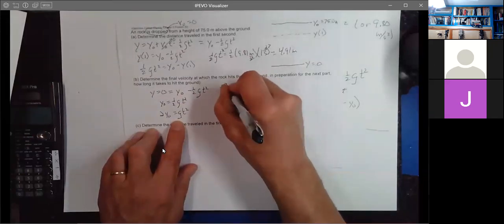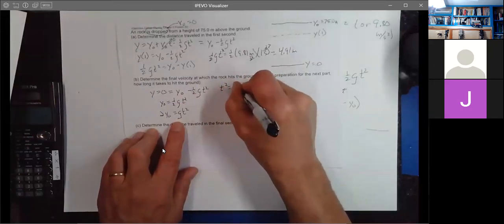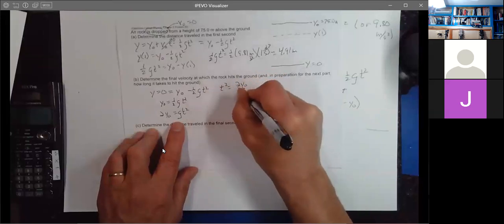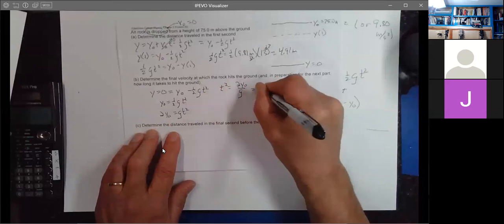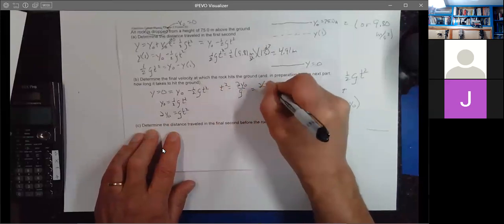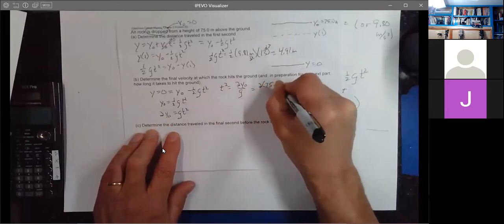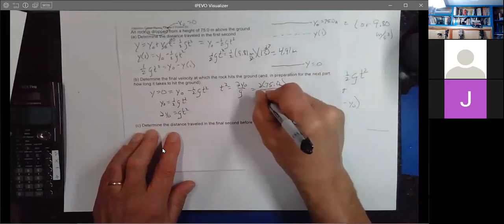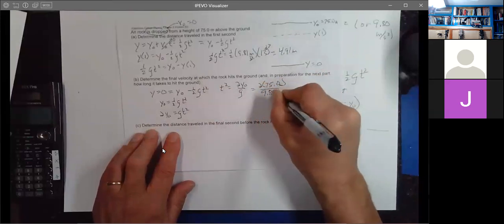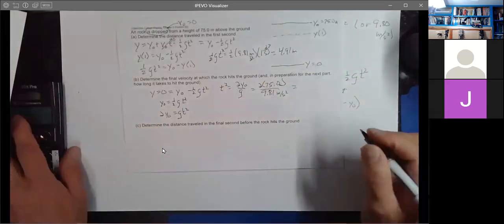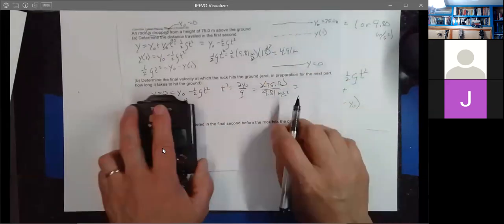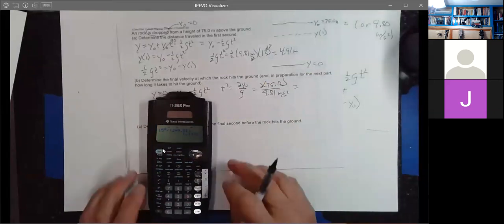T squared is going to equal 2y0 divided by g, which is 2 times 75.0 meters divided by 9.81 meters per second squared. Meters over meters per second squared, that's going to give me units of seconds squared.